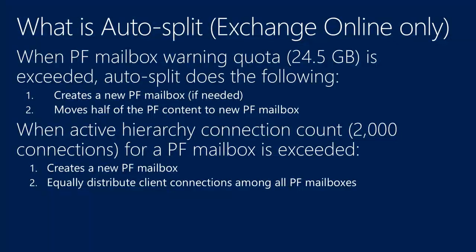So you may consider one public folder mailbox for each 2,000 users that are using your public folders. In Exchange Online, this is created automatically, and then the content is equally spread, and of course, the connections are equally spread between all your public folder servers, and that's taken care of by the CAS servers. So that's logic built in by the CAS servers.